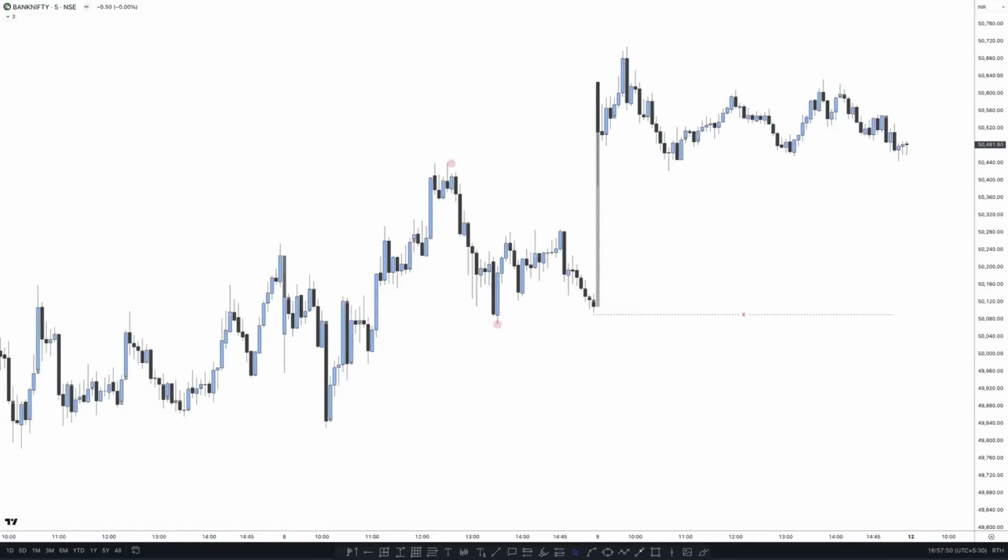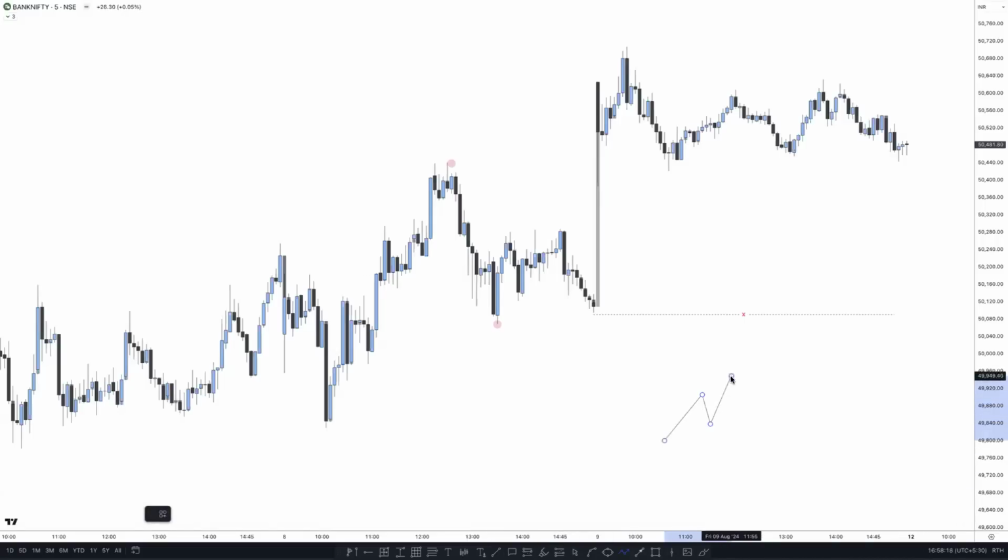Okay, and inducement means when people are going to be trapped, and after that trap, after the structure fails, you have to activate your entries to find your setup for the buy and sell. Okay. If market is creating a higher high, then don't buy. If market makes a higher high and takes out the low, then you have to buy. In that case, you will get a better entry for the buy.